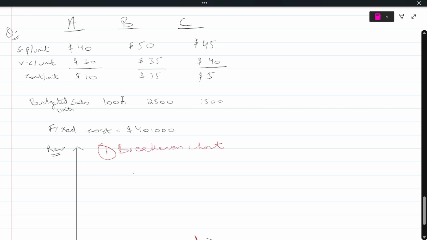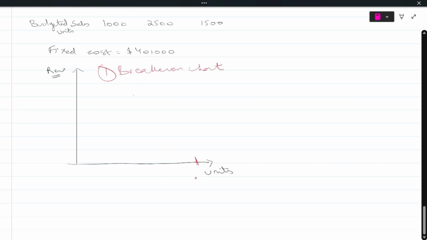So what you will do, because this is a multi-product graph, obviously you would take the data of all the 3 products. So if I have to take the budgeted sales of all the 3 products, it's very simple. For A, it's 1000, for B, it's 2500, and for C, it's 1500. So that adds up to 5000, correct?